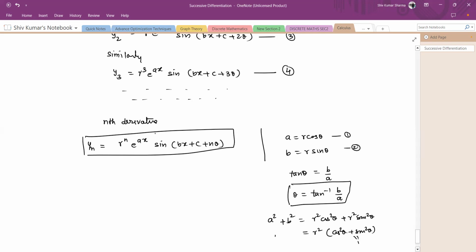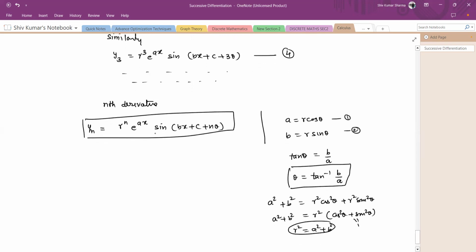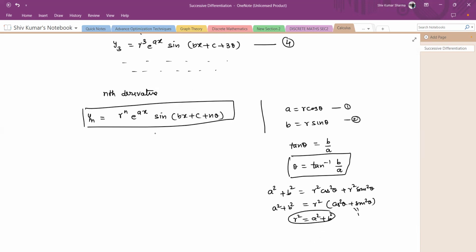So we write r square is equal to a square plus b square. We have to remember this one. So theta equal to tan inverse b upon a, and r square is equal to a square plus b square, which means r is a square plus b square raised to the power 1 by 2.